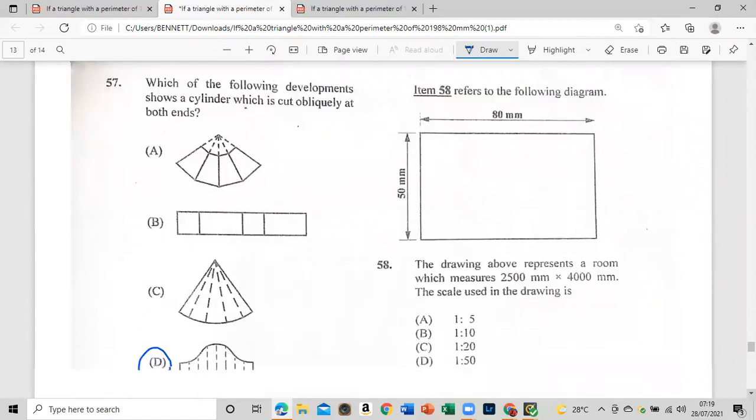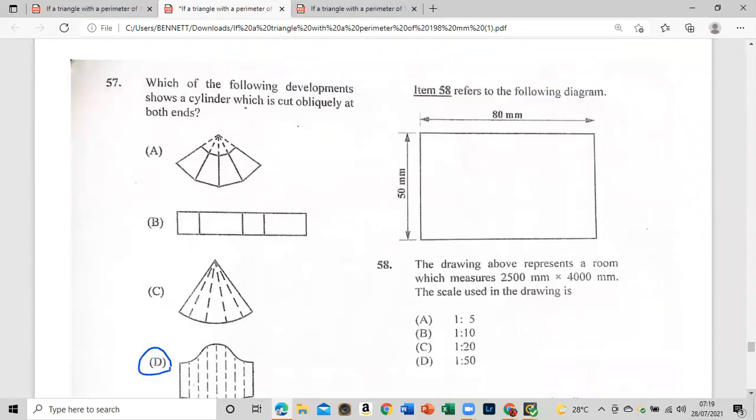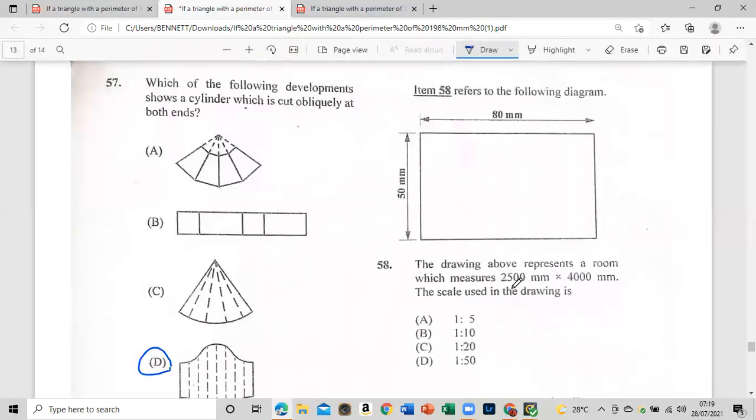All right, 58. The drawing above represents a room which measures 250 millimeter by 400 millimeter. The scale used in the drawing is... guys, all we have to do is just divide the numbers here and see how it works out.